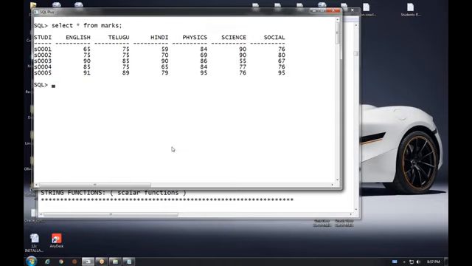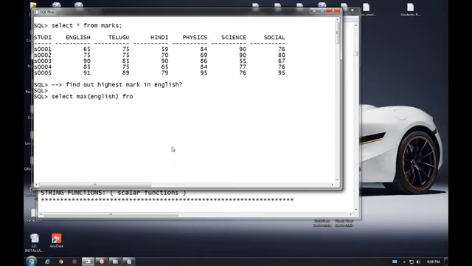What is my target? Find out the highest mark in English. Listen carefully. Select max, from which column?